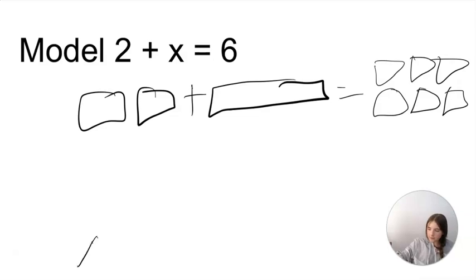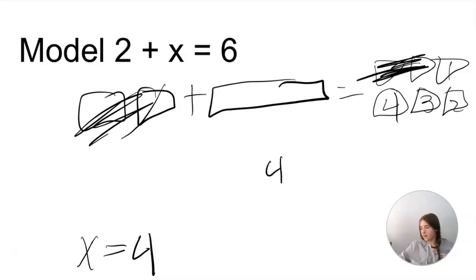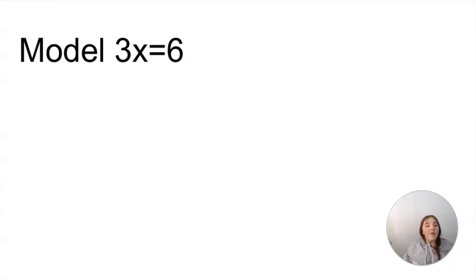Let's get x by itself. So we're going to cross out these. So now that x is by itself, we have 1, 2, 3, 4. So x equals 4, right? Yep. Now you can check it. Put that 4 in for x right there. Is that correct? Totally.